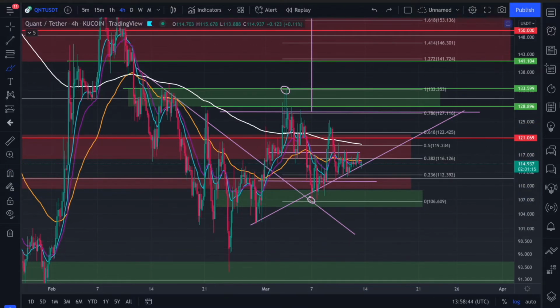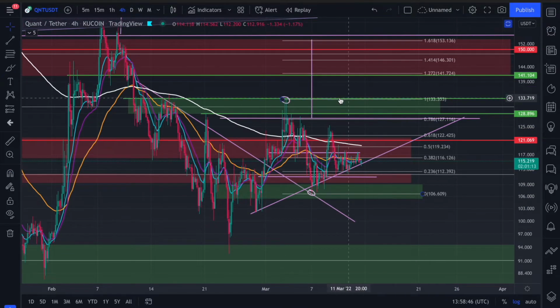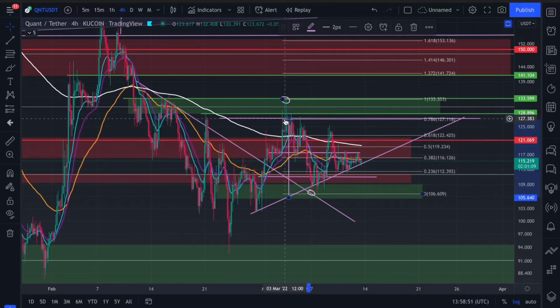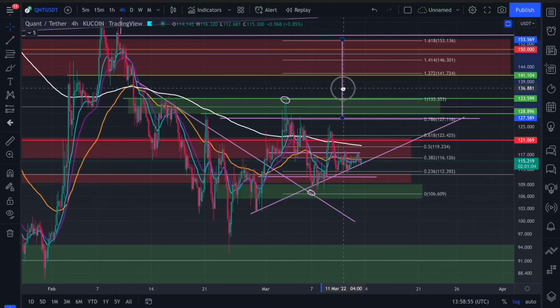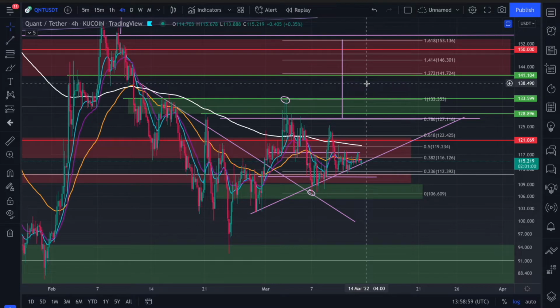So that's actually the technical target, and this line was here from the last video. Can you see? From the high to the low. So from the first tap of resistance back to support, put that on the breakout right there, and it lines up exactly, acting as confluence to the fact that we are going to come to 153, because there's two reasons why we're going to come up to 150.